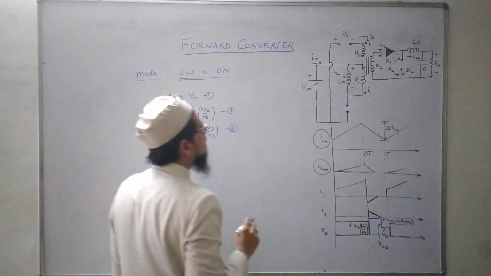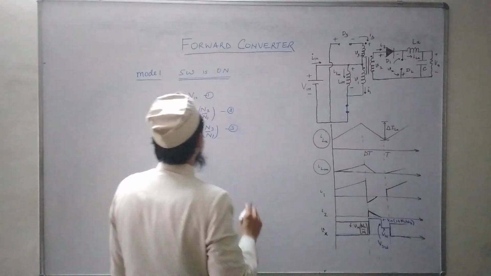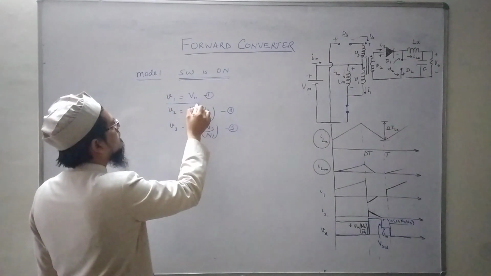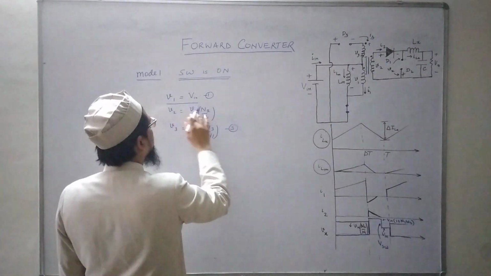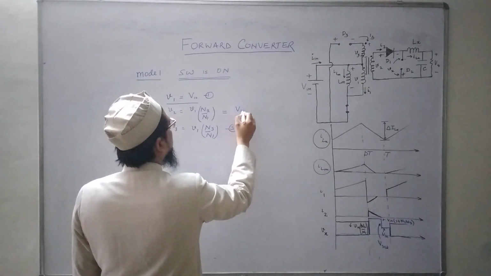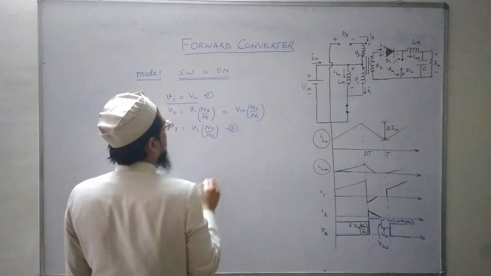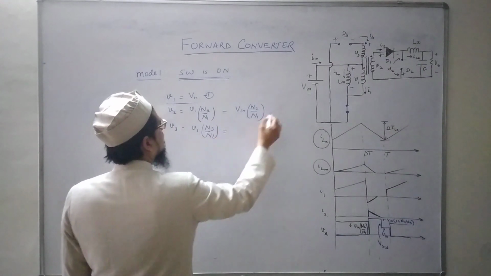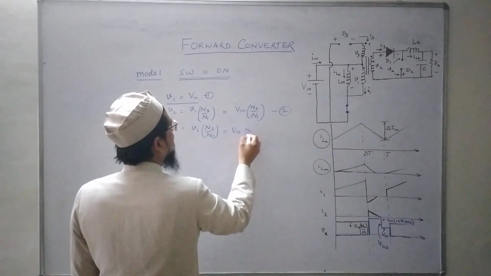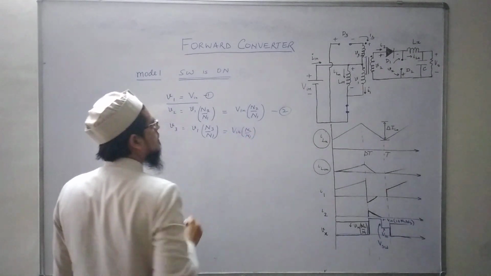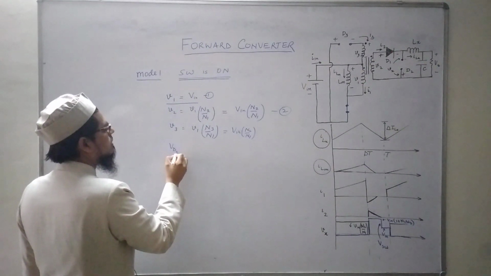Now since V1 is equal to V in, I can write V2 as V in times N2 by N1, and similarly V3 can be written as V in times N3 by N1. What would be the voltage appearing across the diode D3?